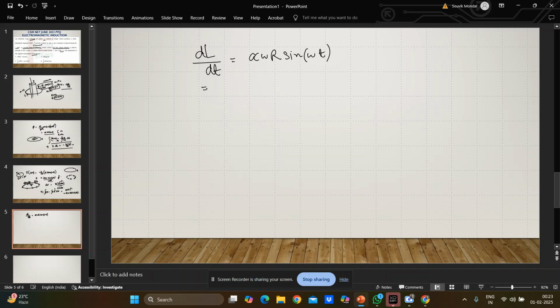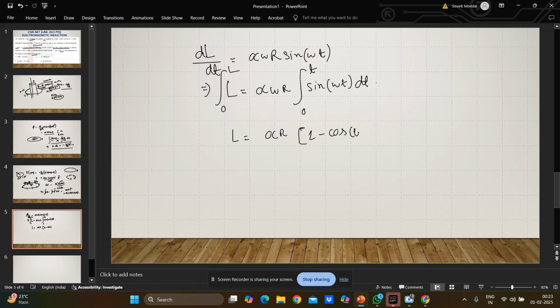Now you can simply integrate on both sides. Suppose your initial angular momentum is 0 and final angular momentum is L, and initial time is 0 and final time is t. So you will get L equal to alpha r, the omega will be cancelled because of this integration, so it will be 1 minus cos omega t.